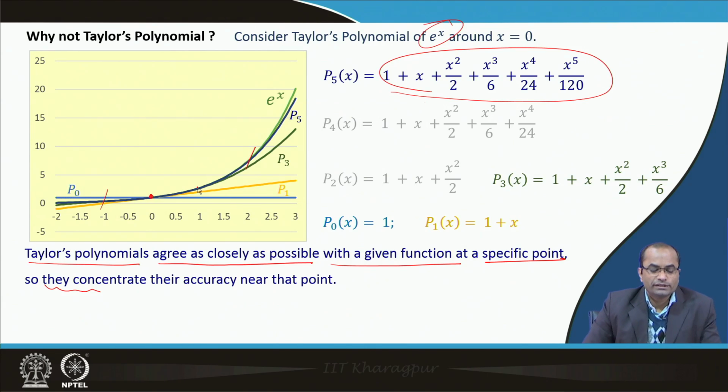The second point here, to construct the Taylor's polynomial, we need information of that function at x equal to 0. So, we need the function value at that point, we need its derivative, second derivative, third derivative, and so on, depending on what degree polynomial we want to construct.